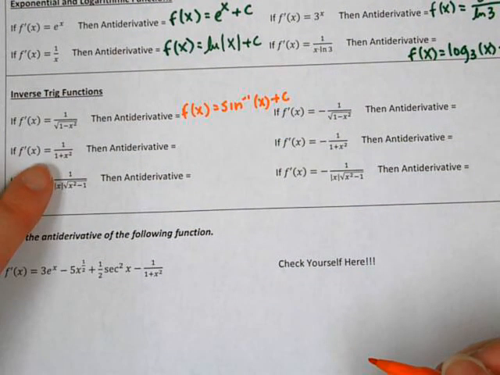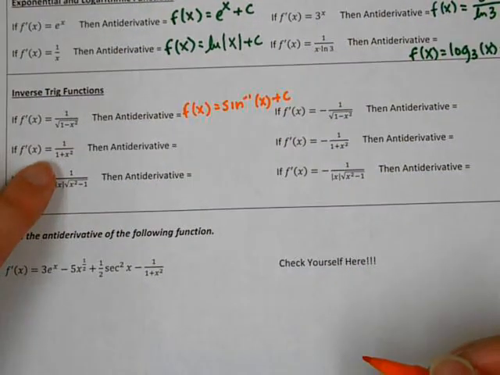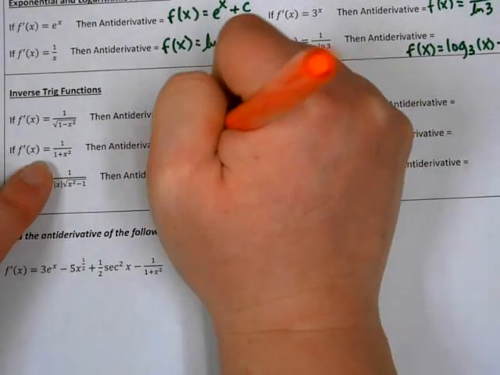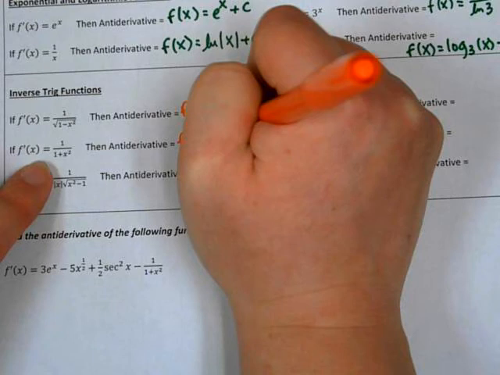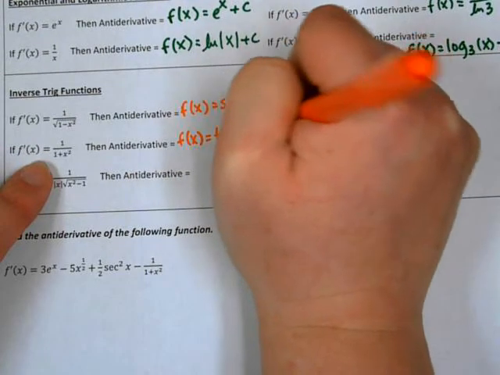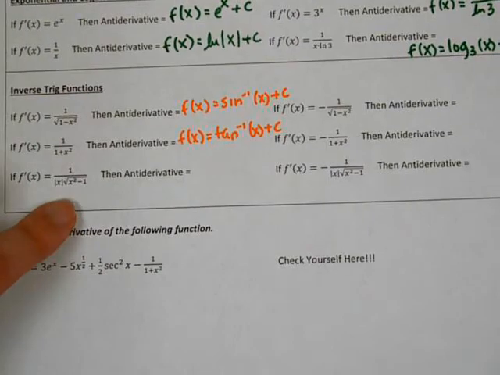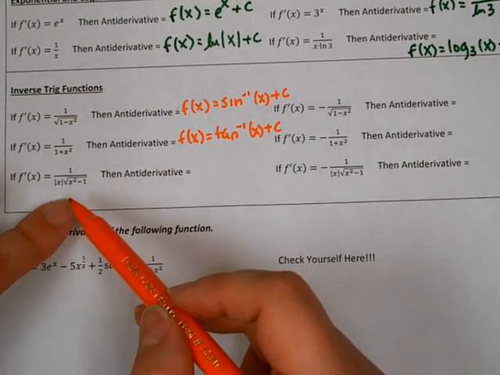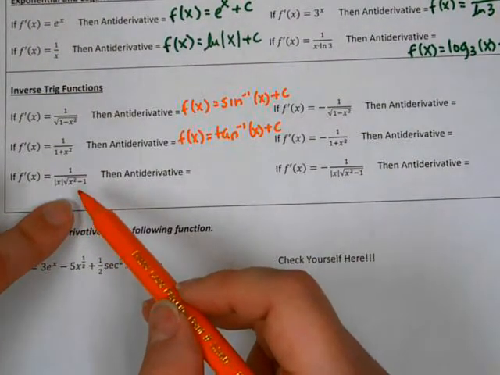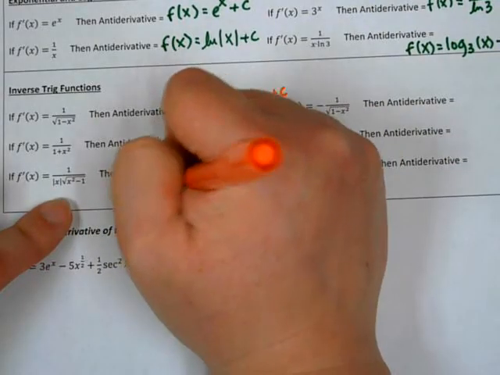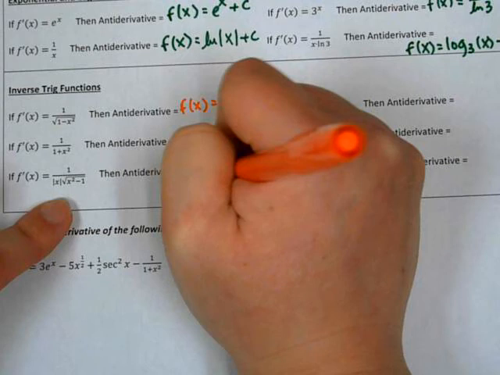And then if we have 1 over 1 plus x squared, the antiderivative of that would be tangent inverse of x plus c. 1 over the absolute value of x times the square root of x squared minus 1. Hopefully you can recognize that as the derivative of secant inverse.